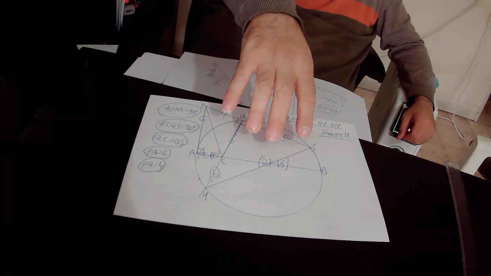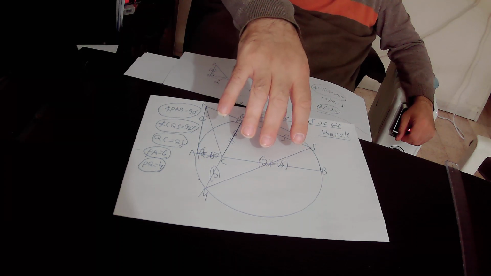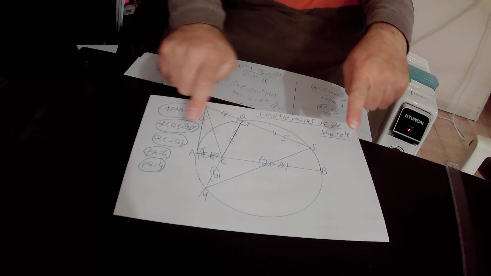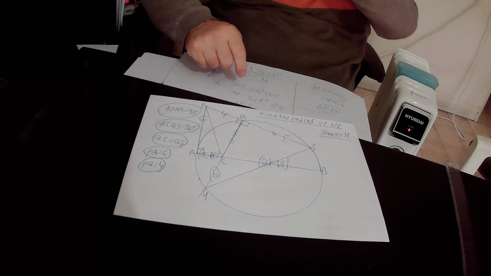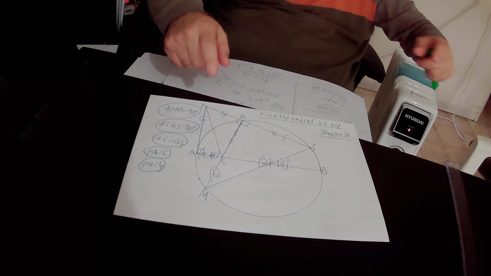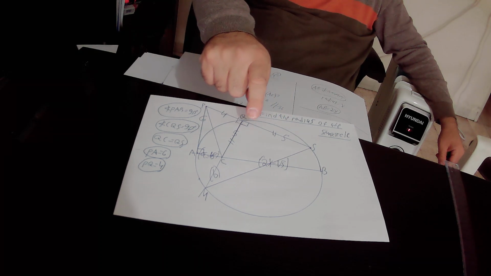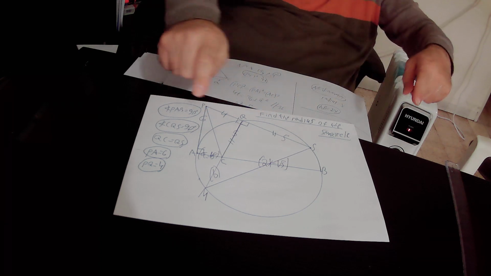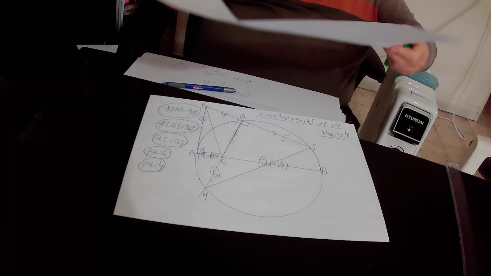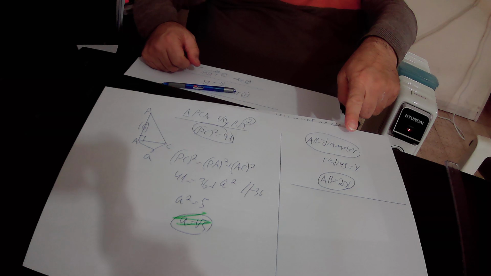Because this is a semicircle, AB must be the diameter of the semicircle. If we define the radius of this semicircle as x, then the diameter must be equal to 2x. So AB equals 2x.